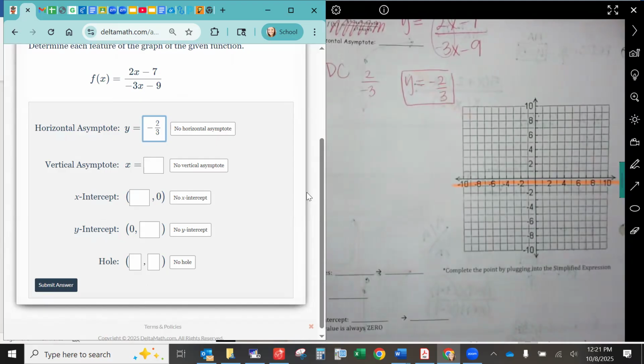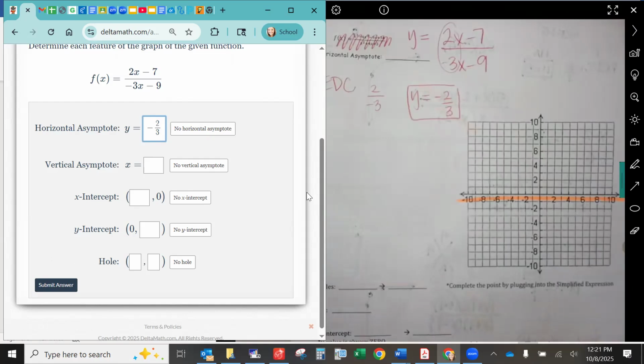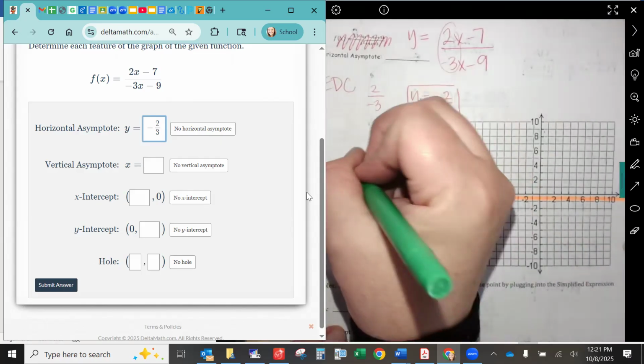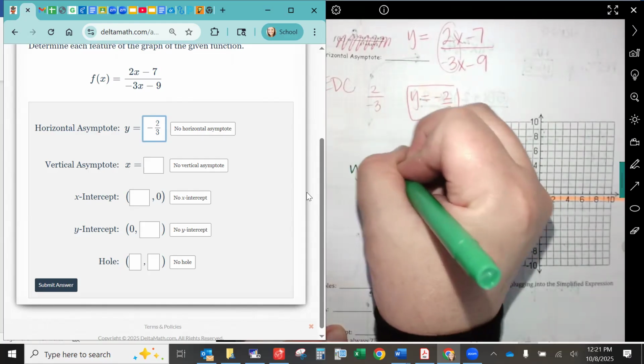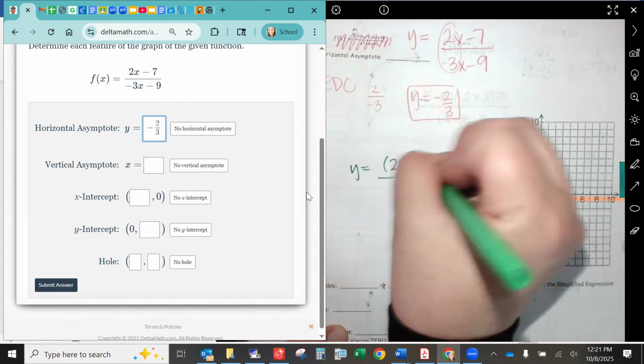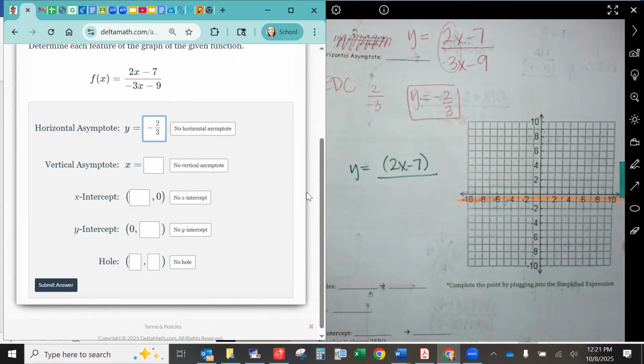Now, take a look at the top. 2x minus 7. Can I factor that? Can those both divide by any of the same things? No. So the top really is done. I'm just going to keep the 2x minus 7 as is. There's not anything I can do that would factor it. What could I do on the bottom?